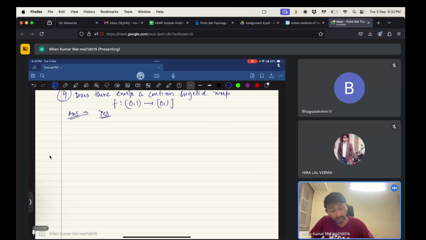How can I define it? I'm first trying to write it graphically. This is the x-axis, this is the y-axis. This is point 0, and let's take this as 1/3, this as 2/3, and this is 1. This is the level of 1 and this is the 0 level. Let's consider a map something like this.